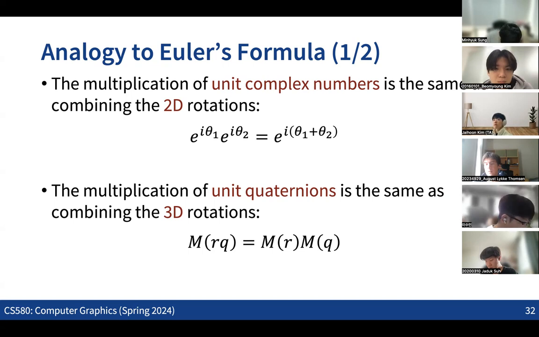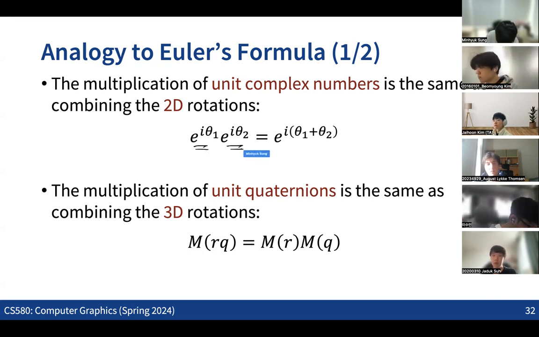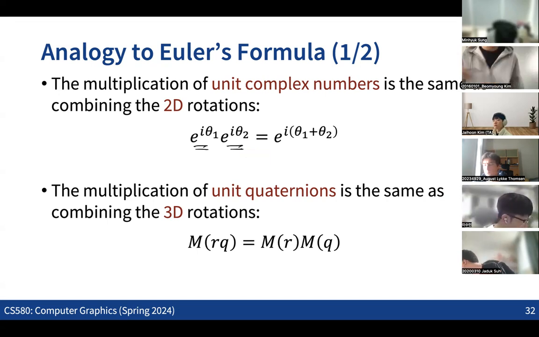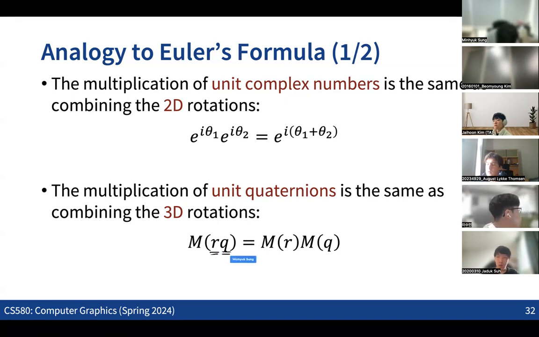And we also could see that the multiplication of two unit complex numbers represented the combination of 2D rotations. And what we can also see, without the proof here, is that if you multiply two unit quaternions, there is this property.